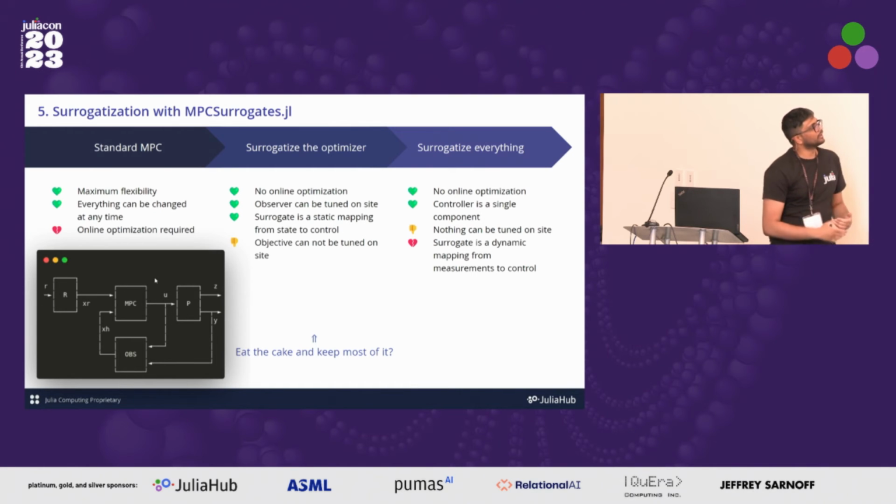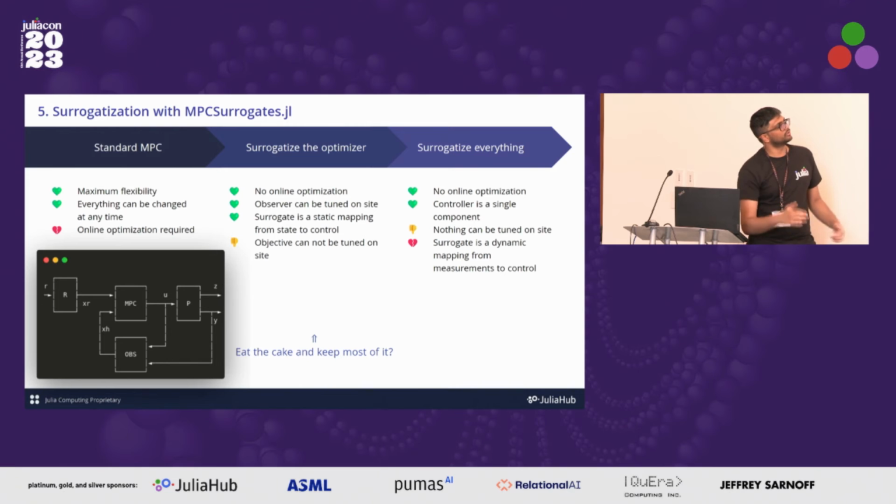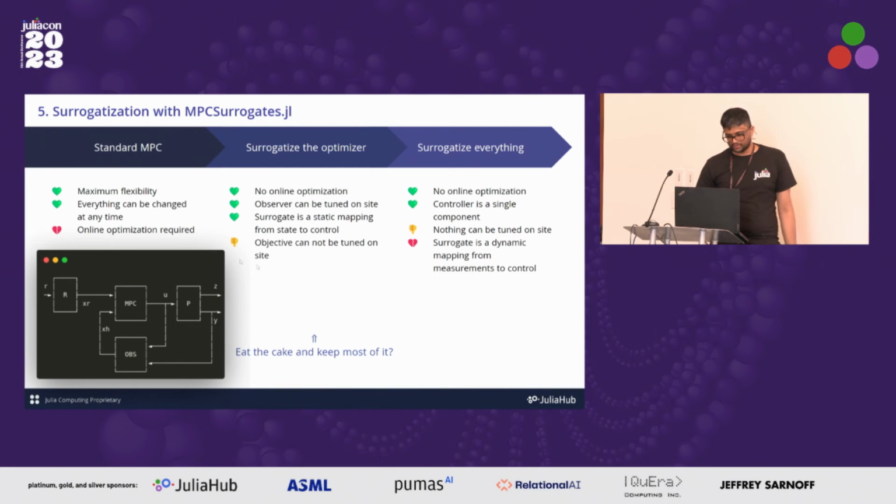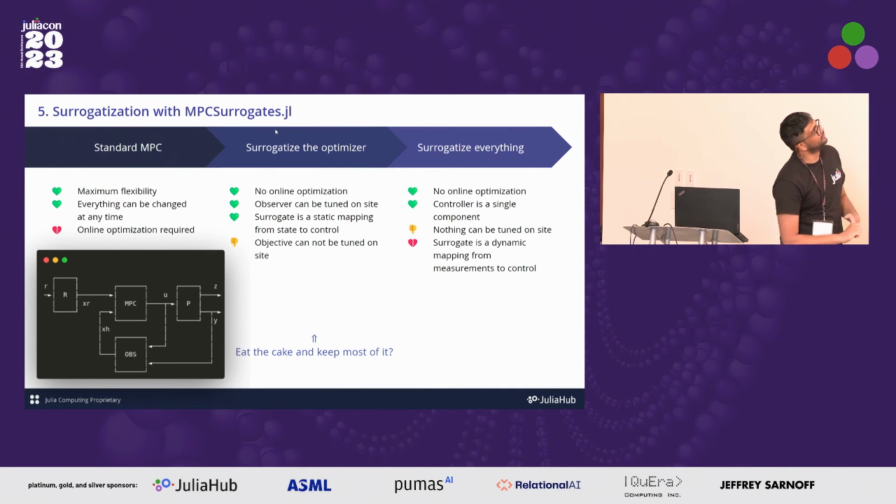So one way of doing surrogatization is to get an explicit control law, by training a neural network to get this explicit control law. That's this sort of middle approach, which we think is more suitable for this case.